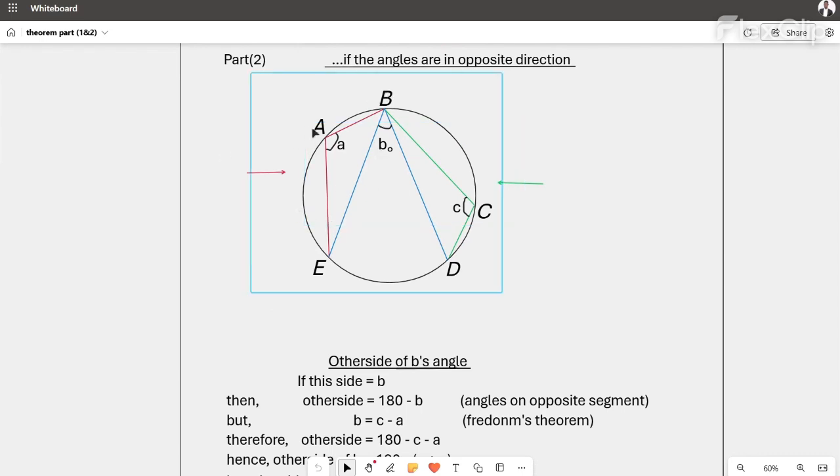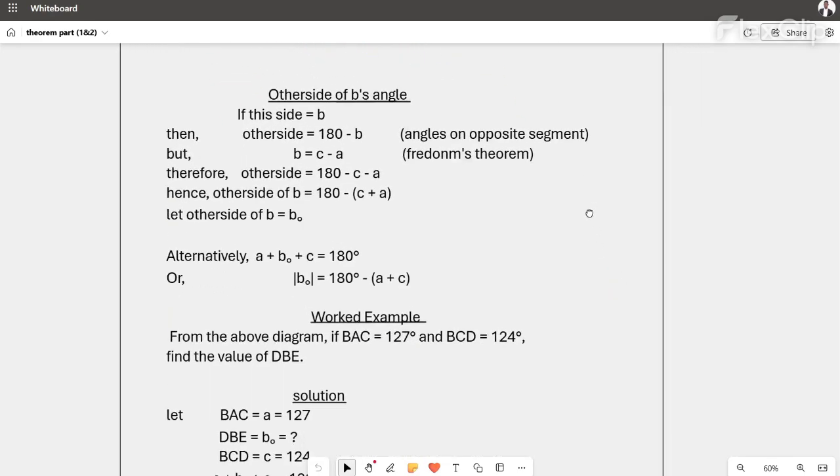Angle BAC, that is A, and angle BCD, that is angle C. Then we have to find the value of angle BDE, that is angle B naught, and that's what they ask us to find in this exercise.